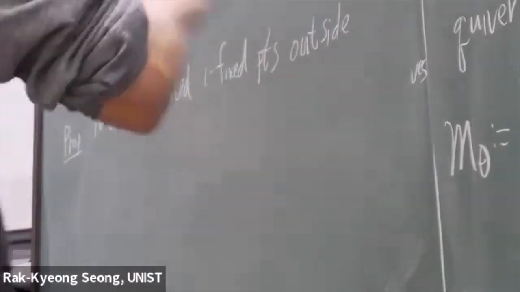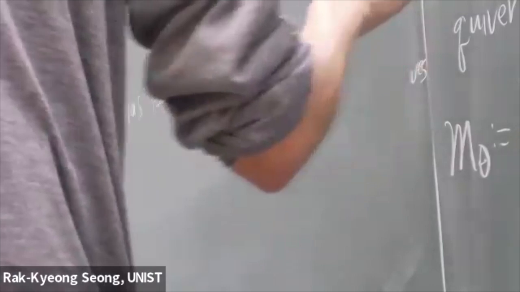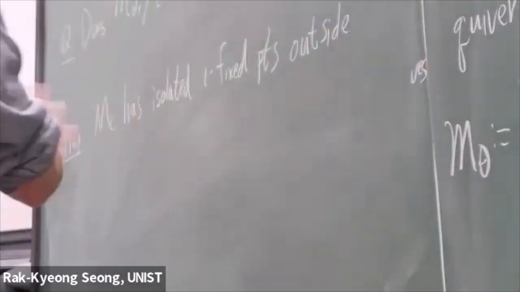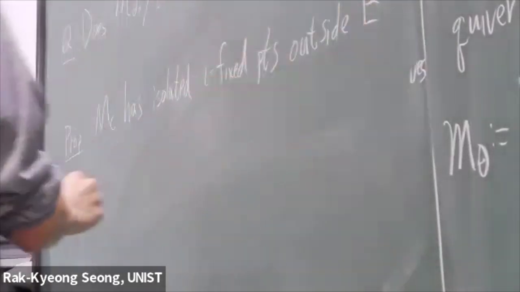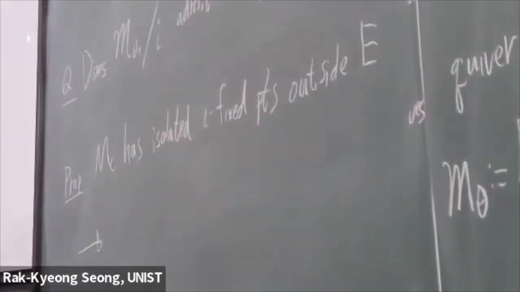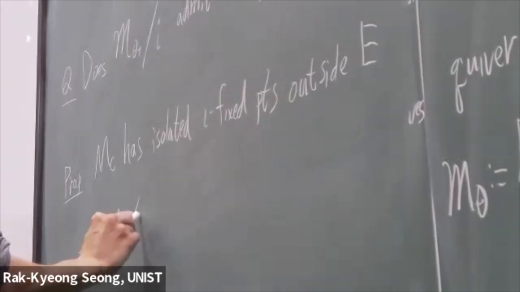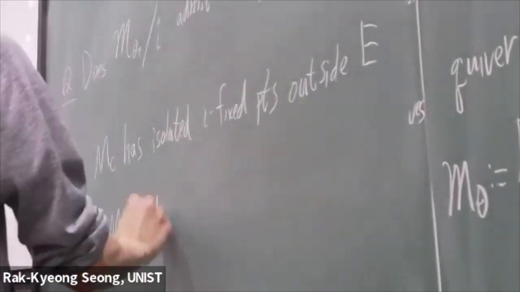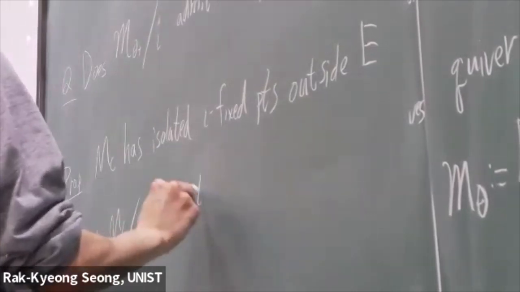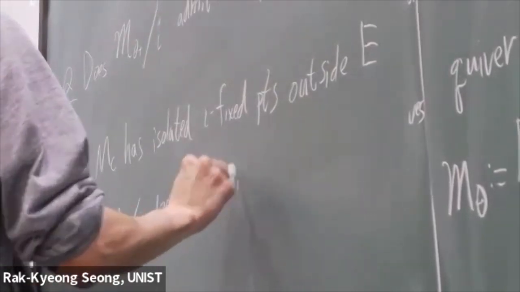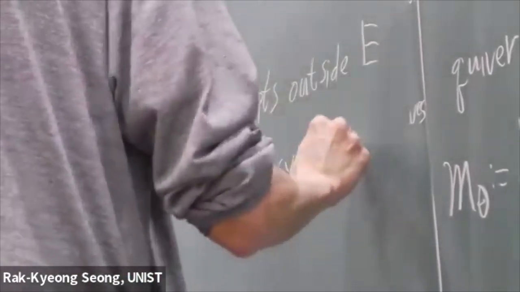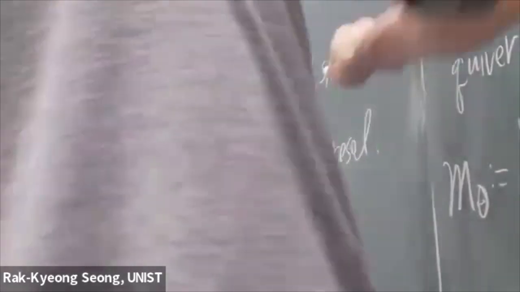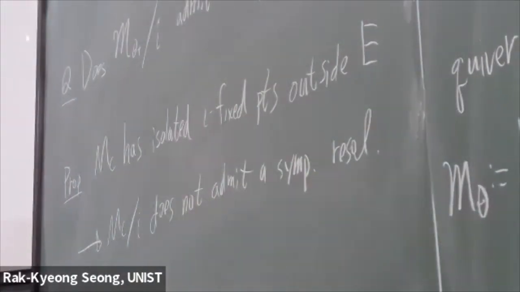Basically, this is a picture around the exceptional divisor, but in fact this moduli space has an isolated fixed point outside. So this particularly implies that the global moduli space does not admit a symplectic resolution. So this is the story for K3 surfaces.